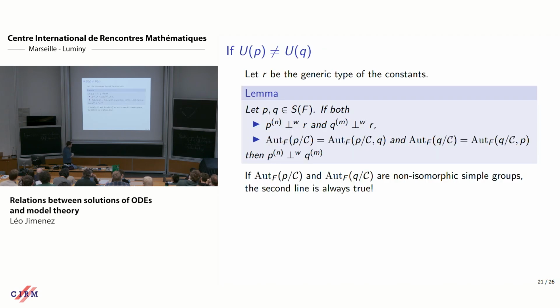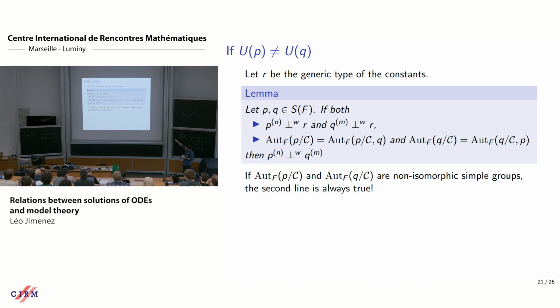Okay. So again, let R be the generic type of the constants, and okay, we have this lemma, which is really just a nice Galois theory exercise. So if I know that P^n is weakly orthogonal to R, and Q^m is weakly orthogonal to R, and I know that when I look at these binding groups of P over Q and Q over P, that is the same. Okay, so it doesn't change.